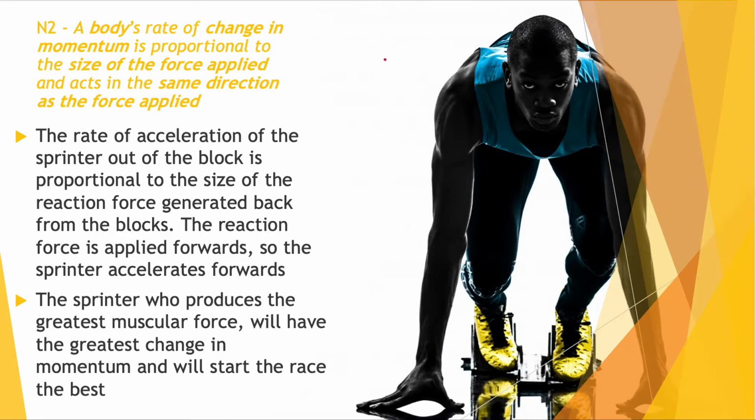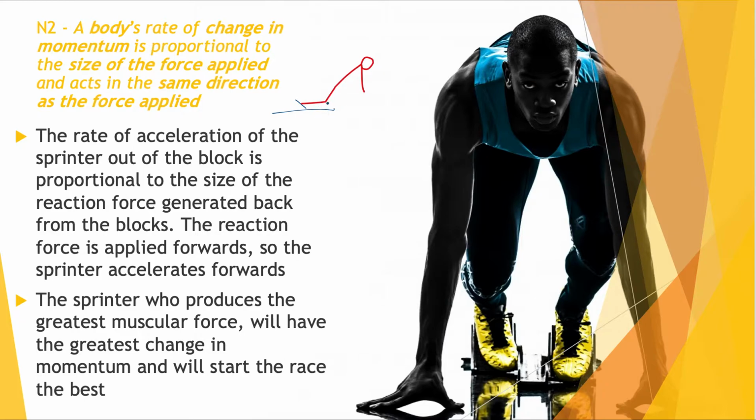So here, rather than our action force greater than weight and then reaction force greater than weight in a vertical direction, with a sprinter, they are pressing backwards into the blocks, okay?